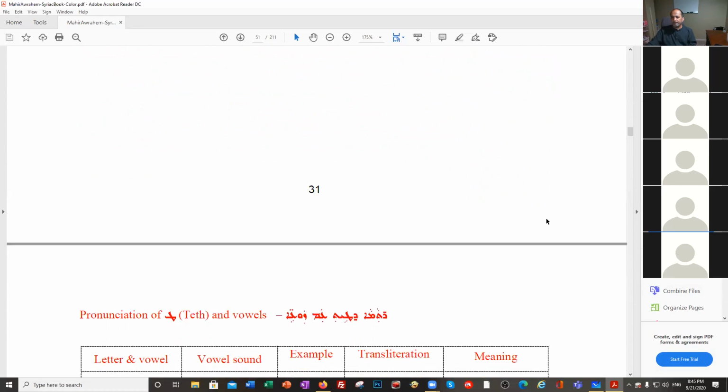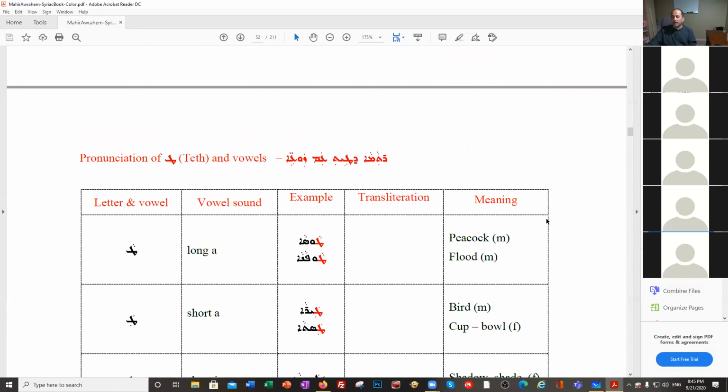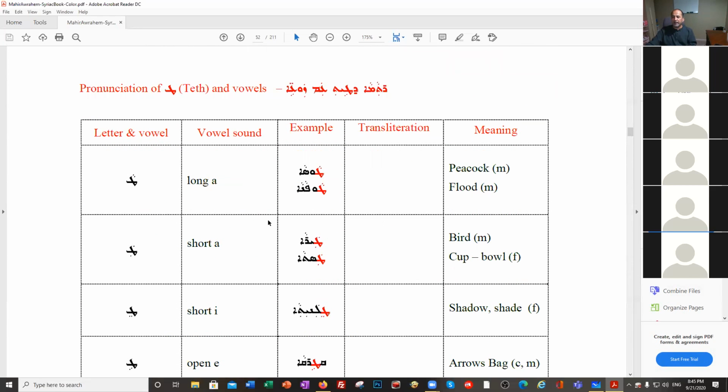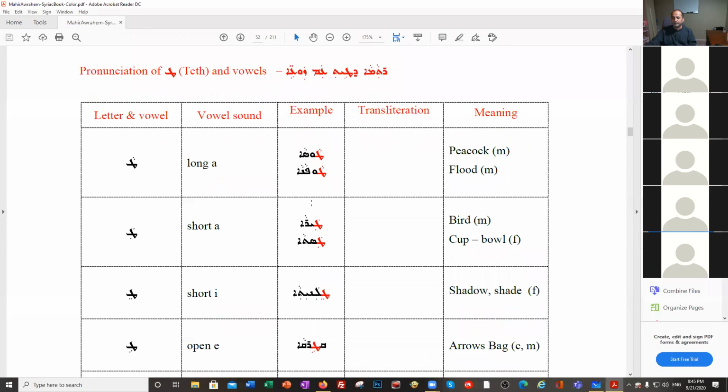Question? With the vowels, ta, long a, have two words, tausa, and the second one, taupana.